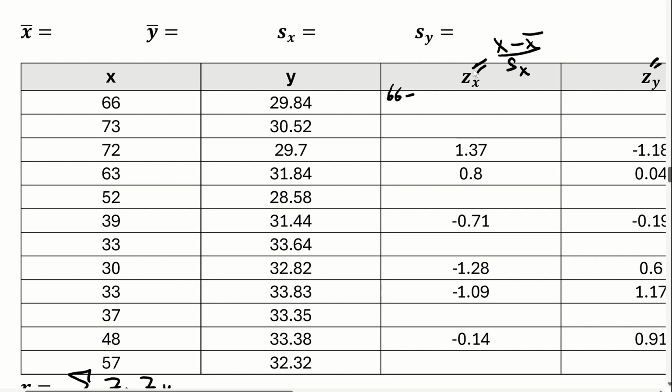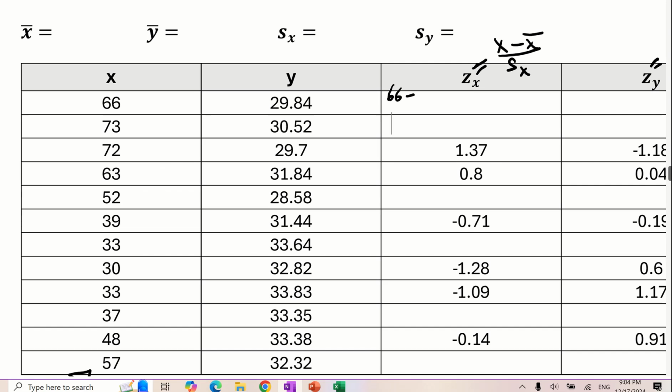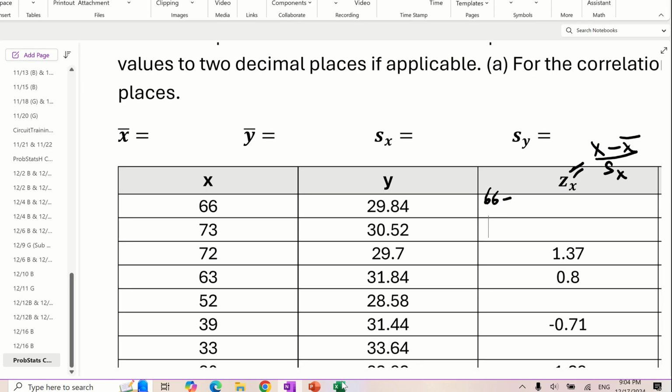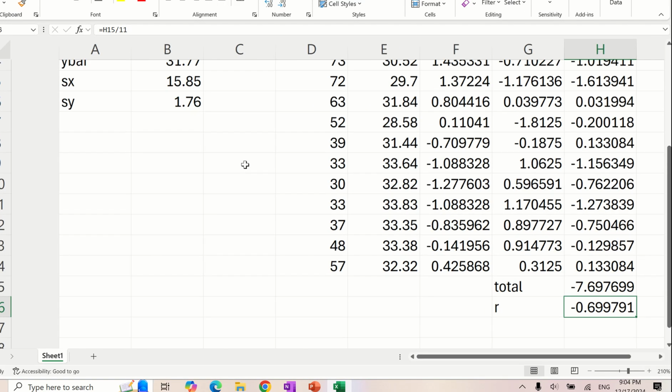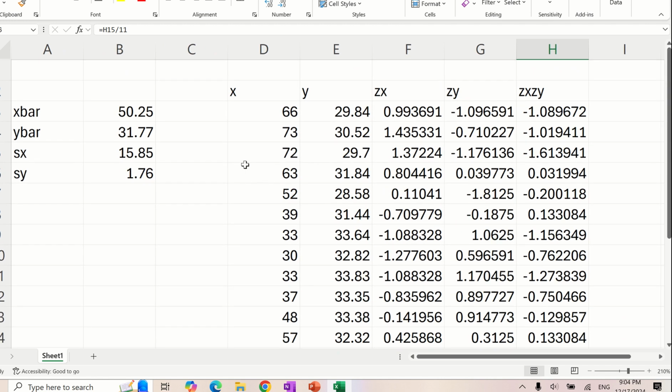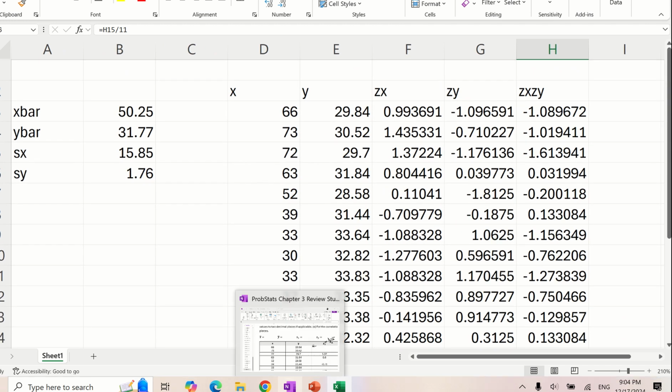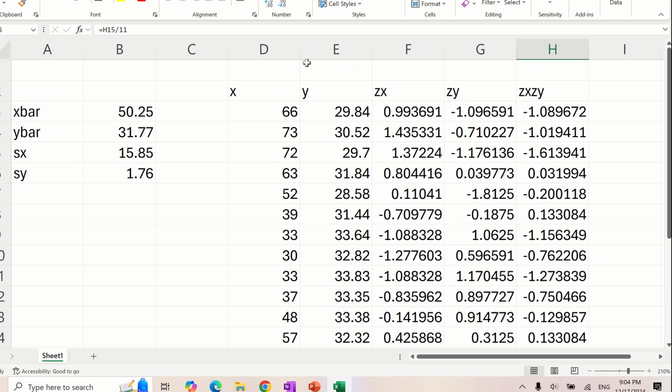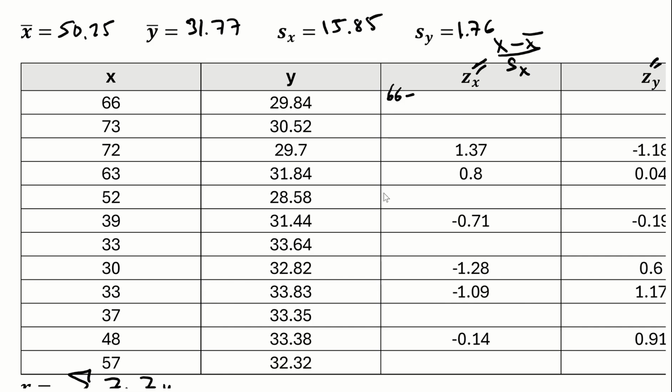Okay, so I'm gonna need to write down those values. So let's go back here. Okay, so we got X bar, 50.25, 31.77. So I'll go ahead and write down those values real quick. Okay, so I went ahead and wrote down those values from the calculator.